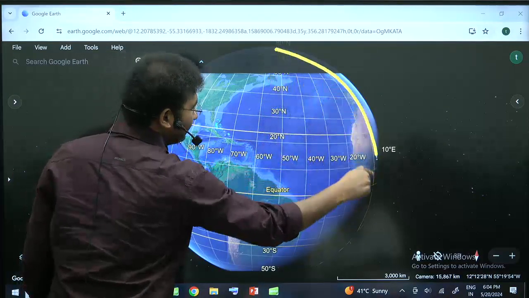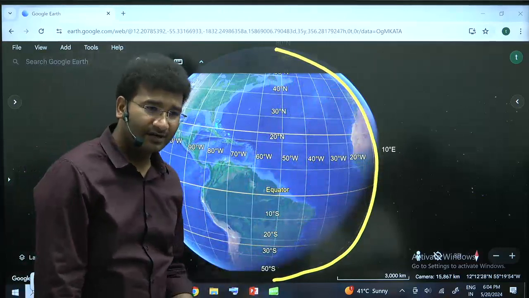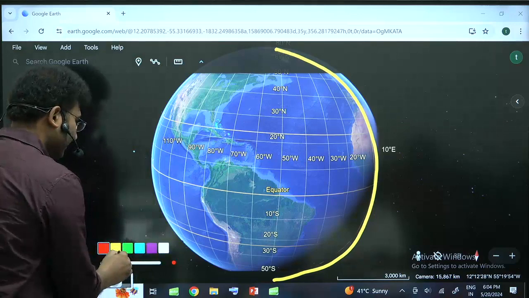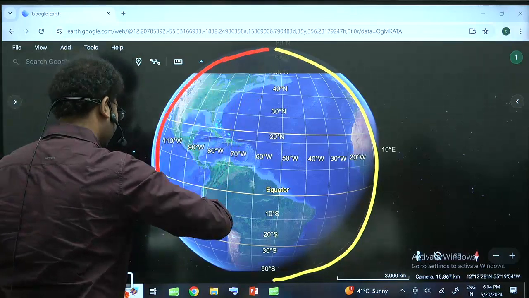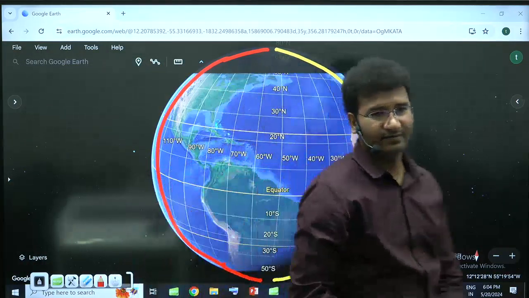This is a prime meridian, right? Can you see this? Now what is the opposite line to the prime meridian? Yes, very good. 180 degree opposite line. So can I draw this 180 degree line here somewhere? Right? So this is 180 degree line.